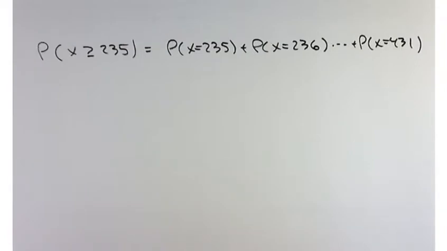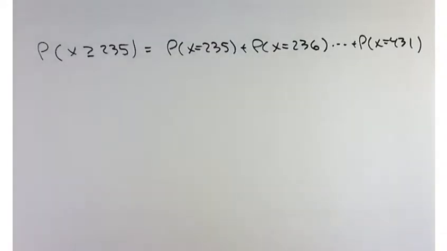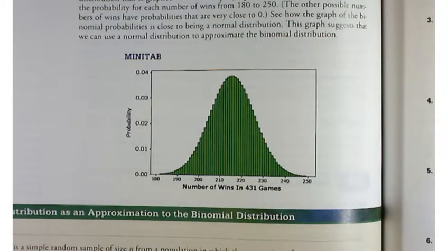Certainly if you had to do that by hand, it would ruin your day. All right. Now, even on Google Sheets, it still takes a little bit of finesse and a little bit of work. So instead of doing either of those, what we're going to do is take advantage of the fact that we can approximate this with a normal curve. And then we can approximate that probability by finding the area underneath that normal curve.